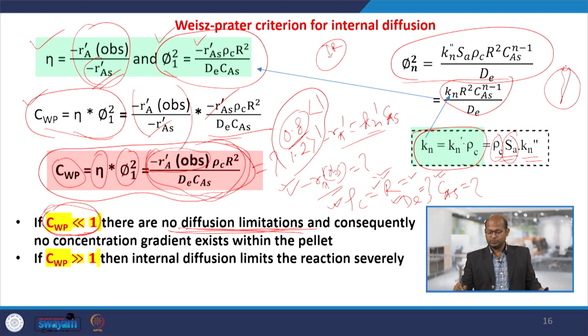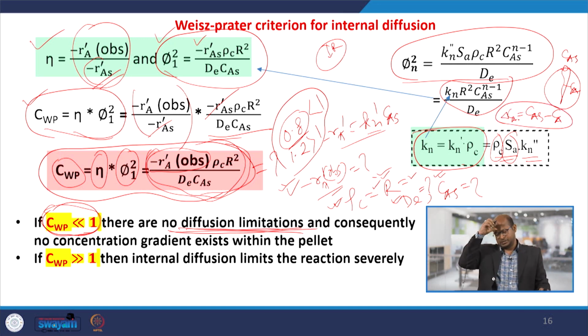C_AS minus C_A, that concentration difference, does not exist, meaning everywhere inside and outside the catalyst particles has the same concentration. So we can say there are no diffusion limitations in the system.